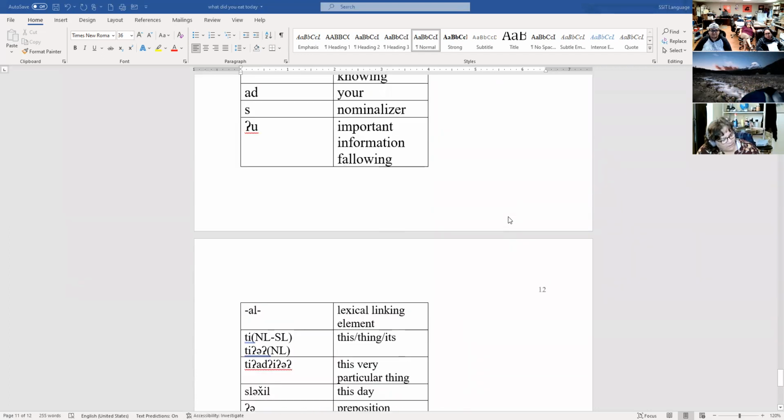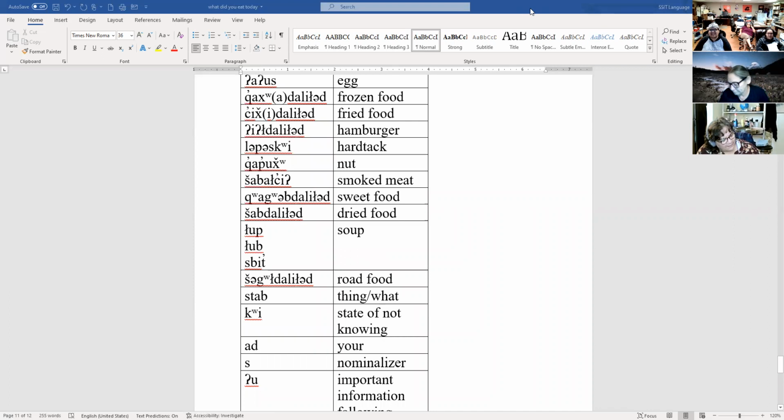Shug is the word for road. Dolishid. Shug dolishid. Road food.